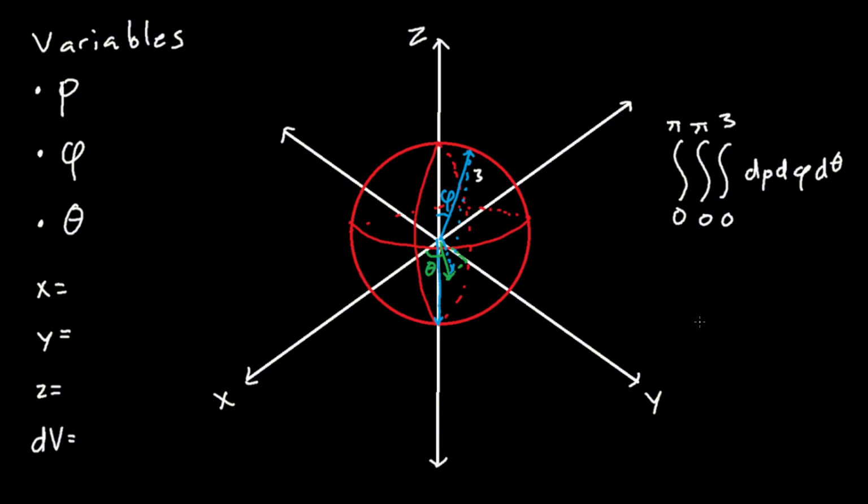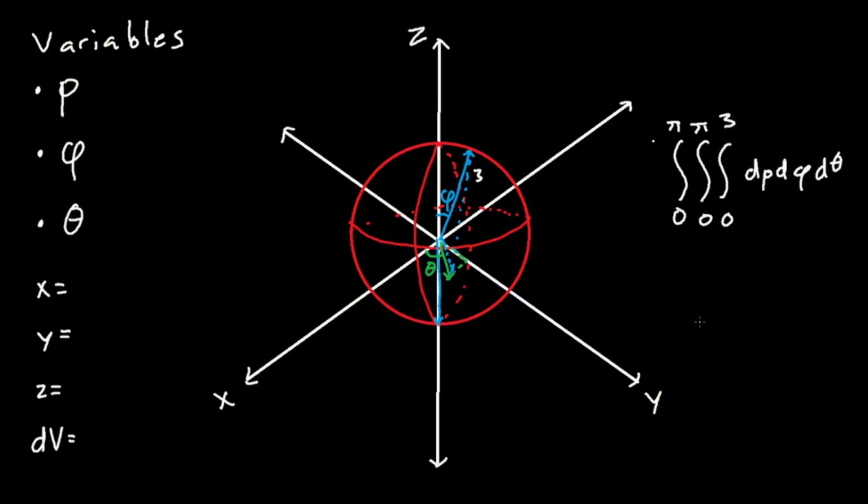Therefore, your sphere only stretches from this x-axis to the negative x-axis. And if you can picture that, it's simply just the sphere cut in half along the x-axis.